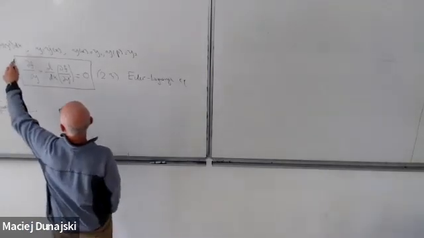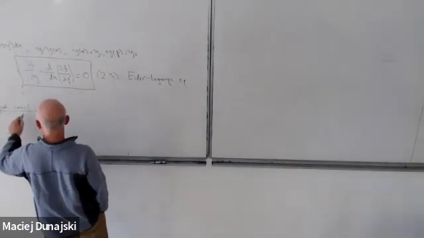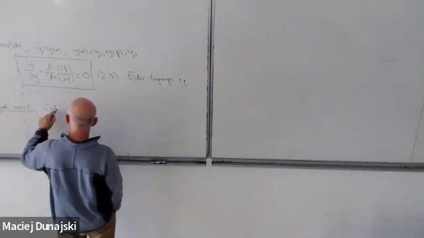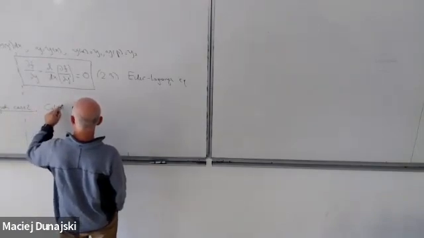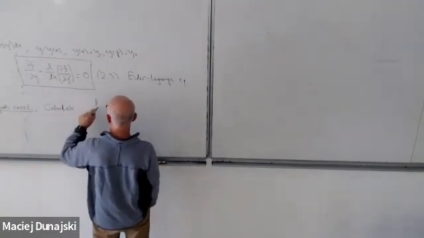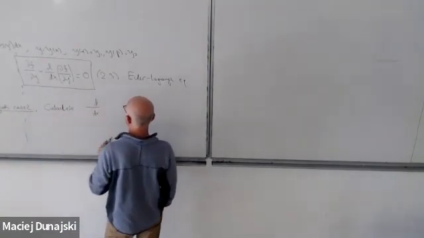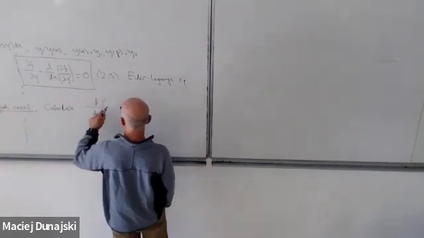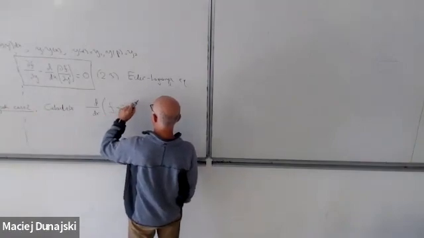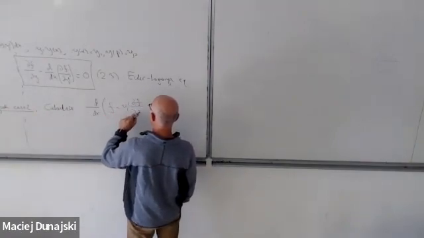I'm going to calculate the total derivative with respect to x of the following quantity: f minus y prime df by dy prime.